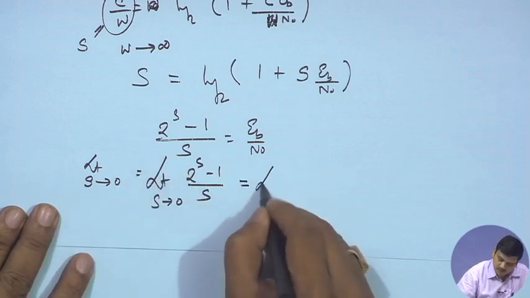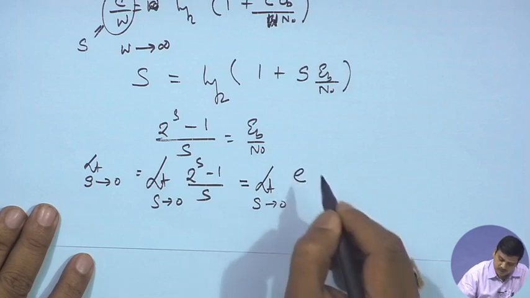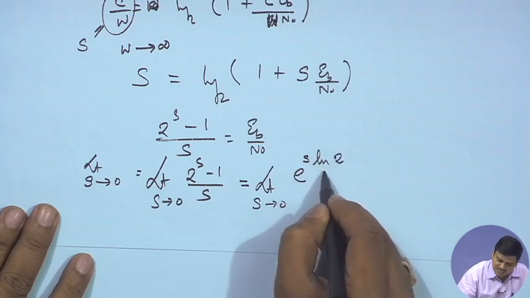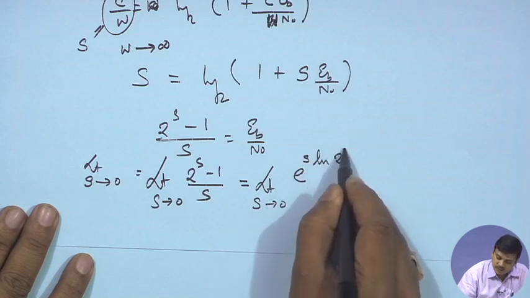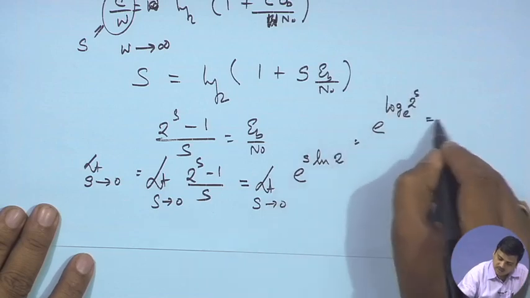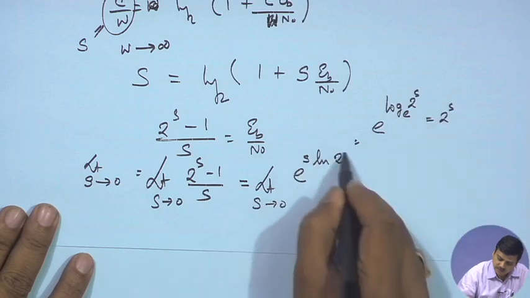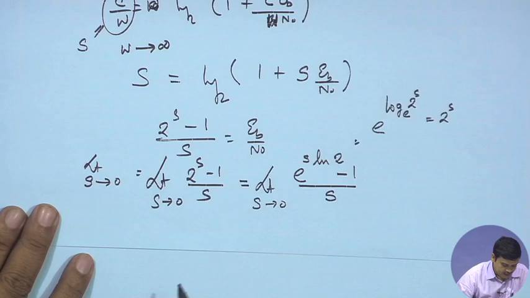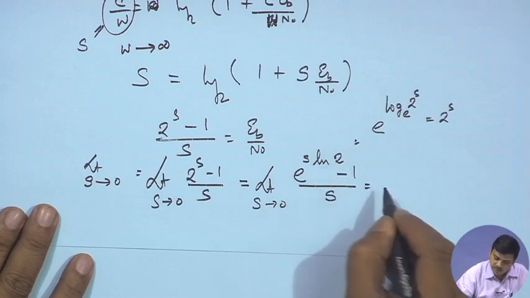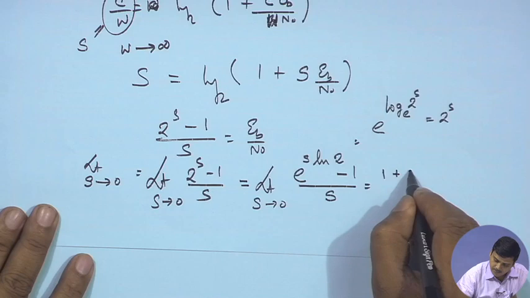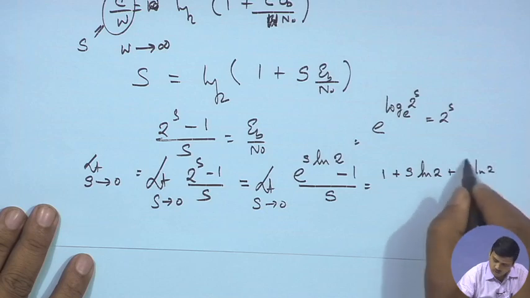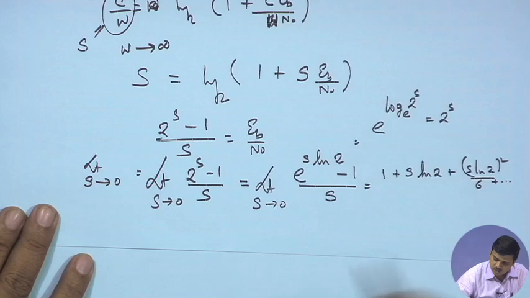So, this we could expand as limit S tends to 0 of e to the power of S ln 2, because ln is log base e, and 2 to the power of S effectively means e to the power of log base e of 2 to the power of S, which is simply 2 to the power of S. So, 2 to the power of S we are replacing by this term, minus 1 upon S. Then we could expand e to the power of S ln 2, and that would be 1 plus S ln 2 plus (S ln 2) squared by 2 factorial, 6 and so on.